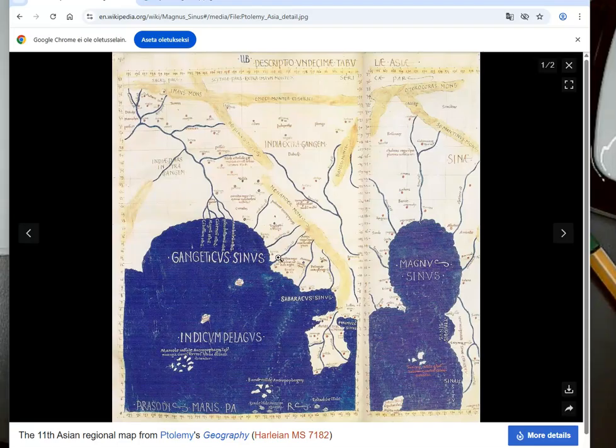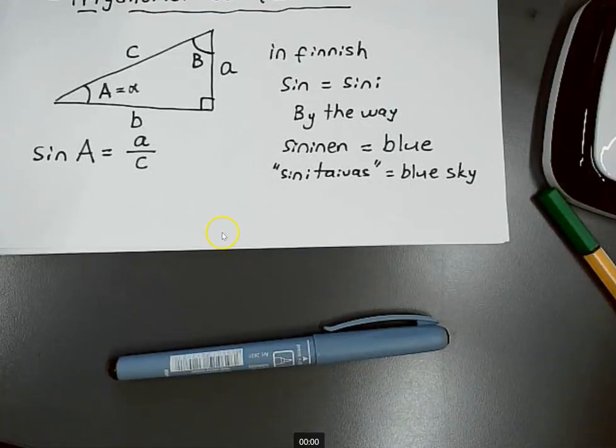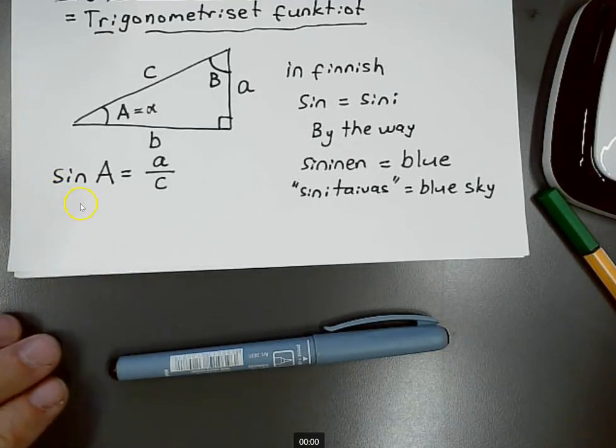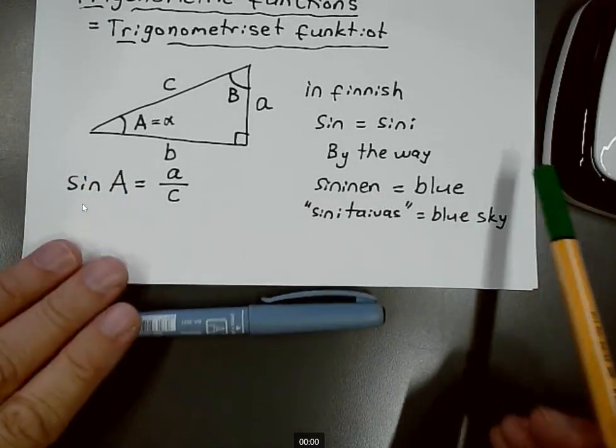I really know almost nothing of the history of India, but probably in Europe the mathematicians thought that in India they used the word for bay or gulf in the place of this mathematical function, and they took the same word in Latin, and it was sinus, and that is the historical reason why it is used in mathematics nowadays.